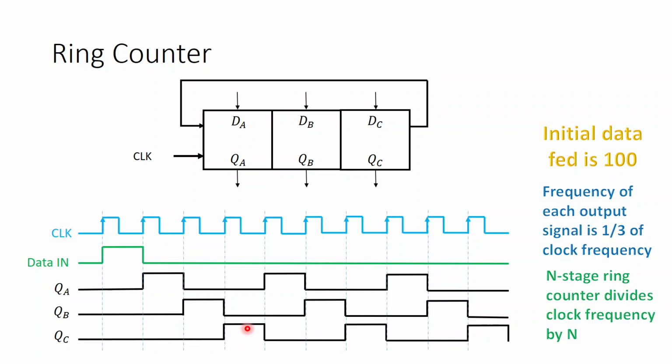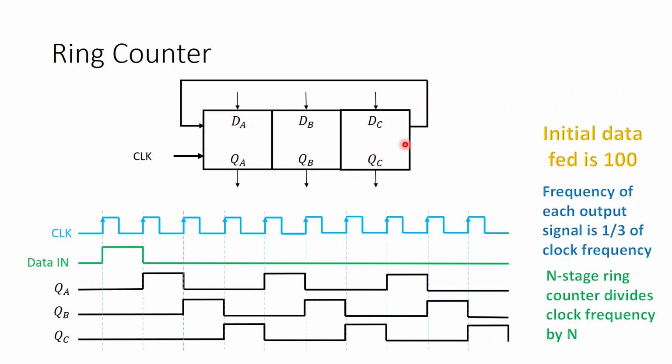Do things stop here as usual, as in other shift registers? No, because what is feeding QA? Try to understand this. This QA, here it is 0 and 0. Why is this 0 and 0? This is not because of the data in, actually.